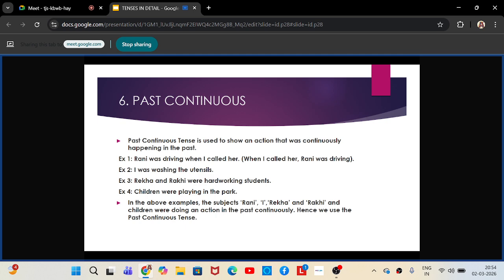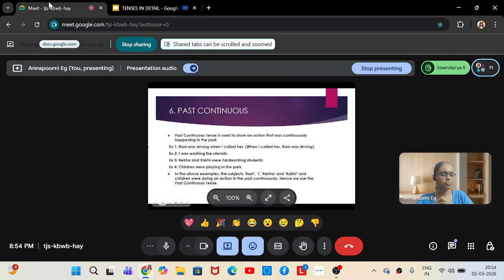Coming back to past continuous. The past continuous tense is used to show an action that was continuously happening in the past. Sonal, can you read the examples?